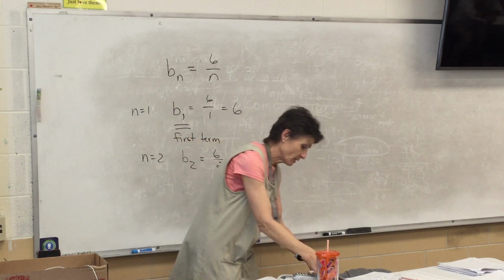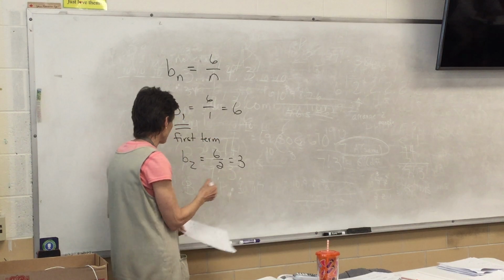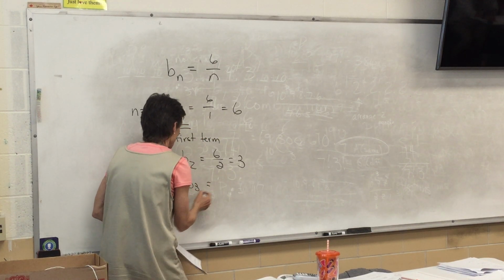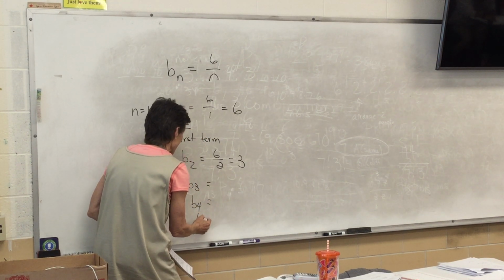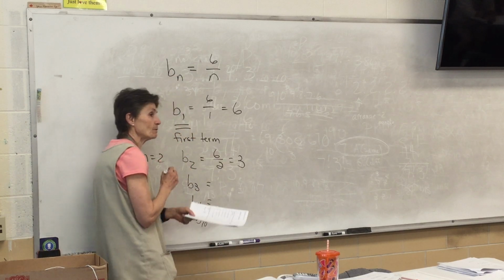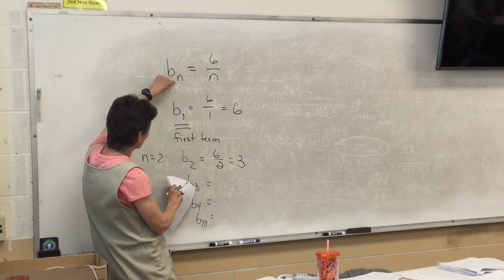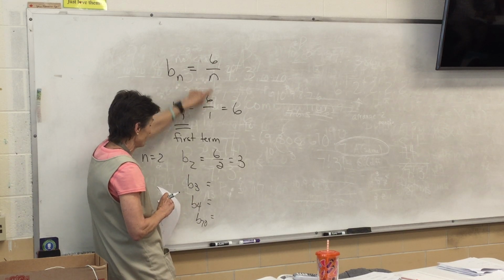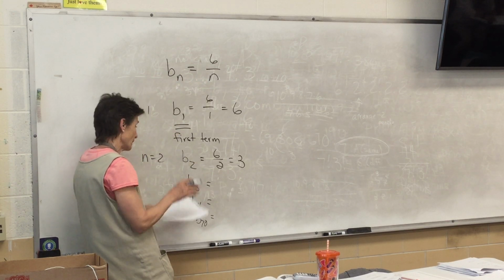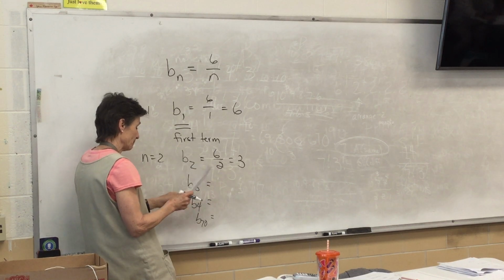So see if you can fill in, they want B sub 3, B sub 4, and then B sub 70. See if you can fill those in. If you're letting N be 3, then just let N be 3. And then let N be 4 and let N be 70.